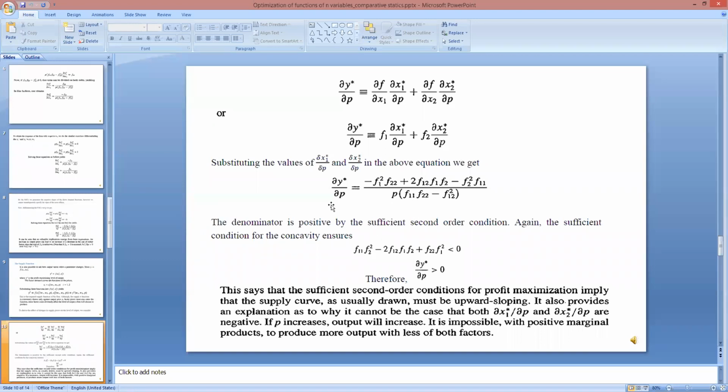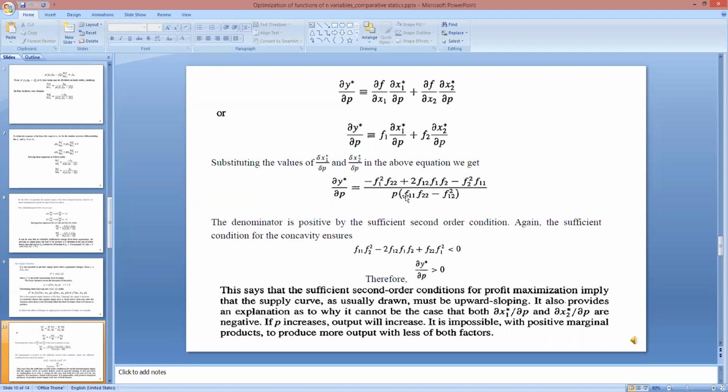Now, if we substitute the values of del x1 star by del p and del x2 star by del p, which we got earlier when we took the derivative of x1 star with respect to p and x2 star with respect to p, we will get this expression.